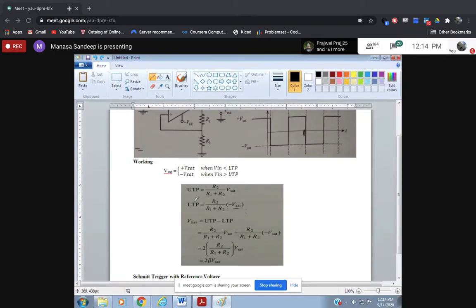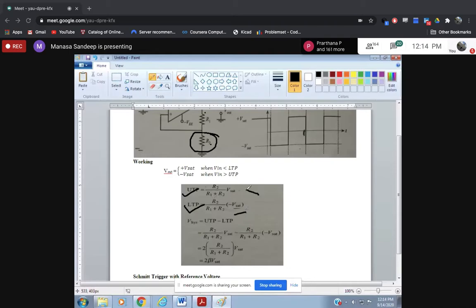What you need to know is the formula to represent UTP: the voltage at this point, V saturation, into the resistance at the other branch divided by R1 plus R2. That's it. The LTP formula is with minus V saturation.